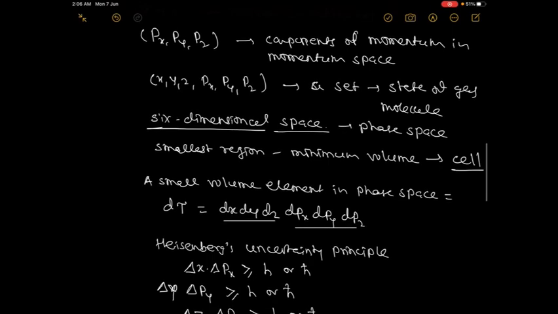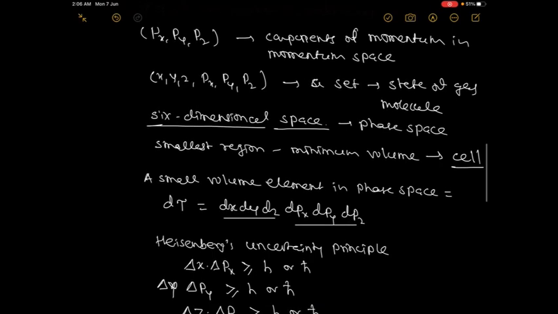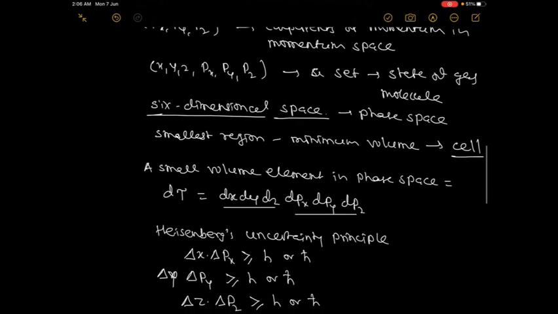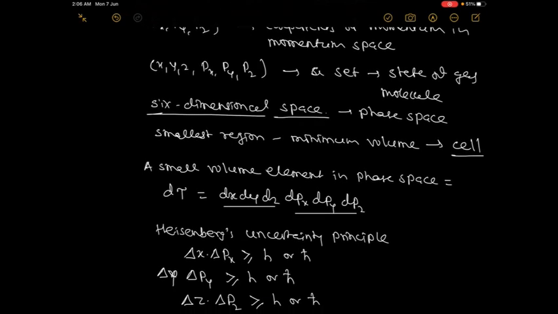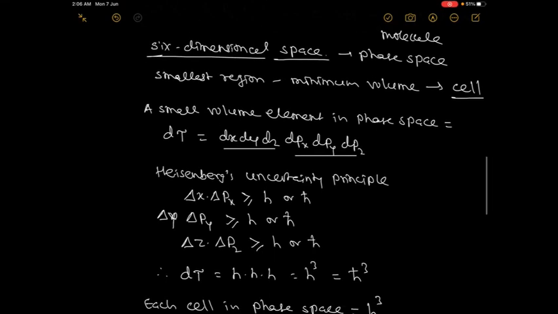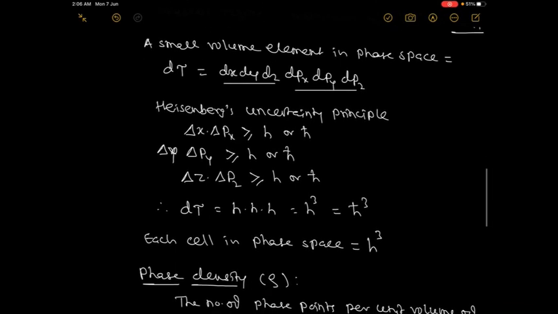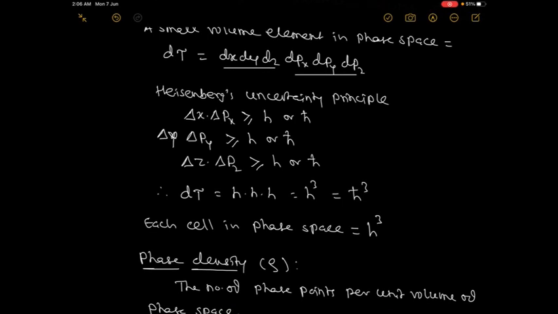The product of the two terms gives a small volume element. That small volume element we find its value by using Heisenberg's uncertainty principle. It gives d tau equal to h cube or h cross cube. Hence, each cell in the phase space has small minimum value h cube or h cross cube.